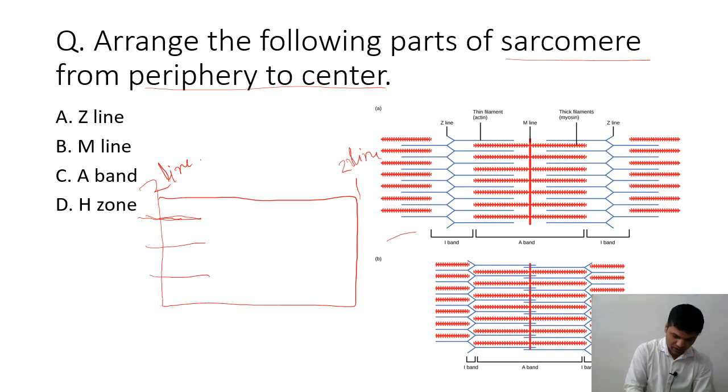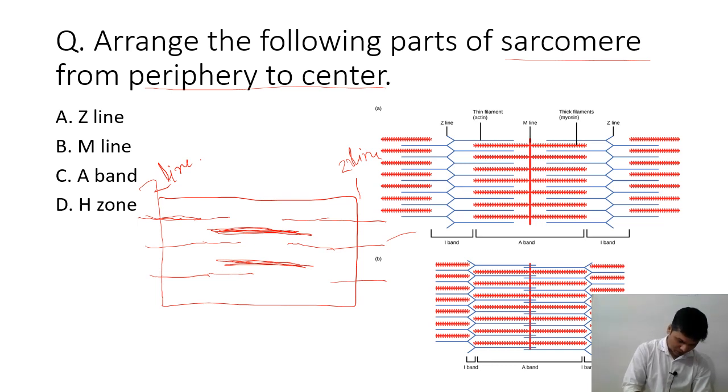This is the second sarcomere. The thin filaments are here, thin and thin, and that is called actin. So this is actin, and in between the actin is the myosin.